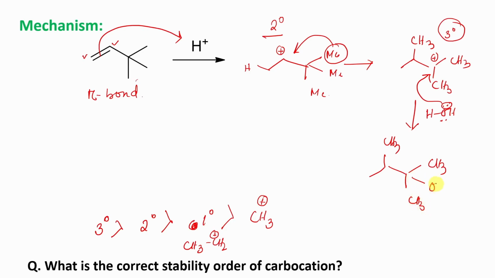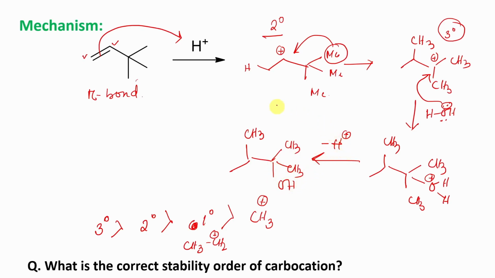So you can expect this is OH. Oxygen is having plus. Now oxygen is not comfortable keeping the plus charge for a long time, so it will release one proton. So this H plus will be produced, comes out, and it will ultimately produce this CH3, this CH3, and OH.